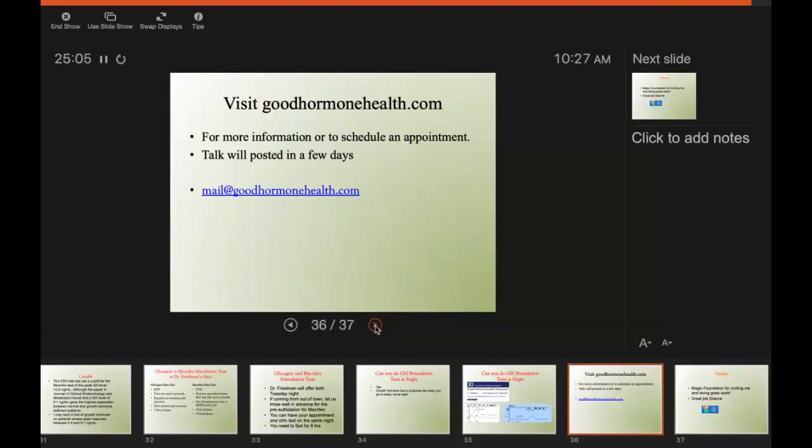Why can you have a normal IGF-1 but then still test as deficient? There are actually two different tests. The IGF-1 is a screening test with a wide range, between about 90 and 350.